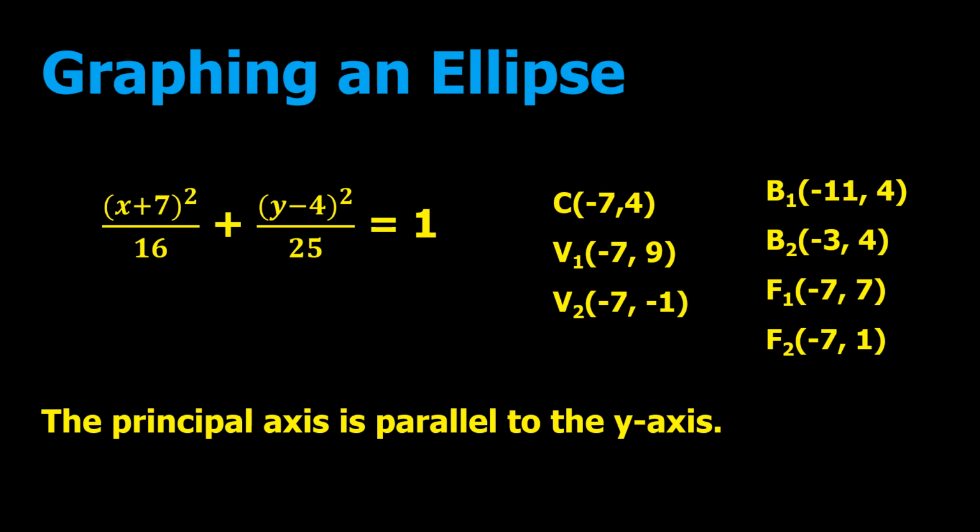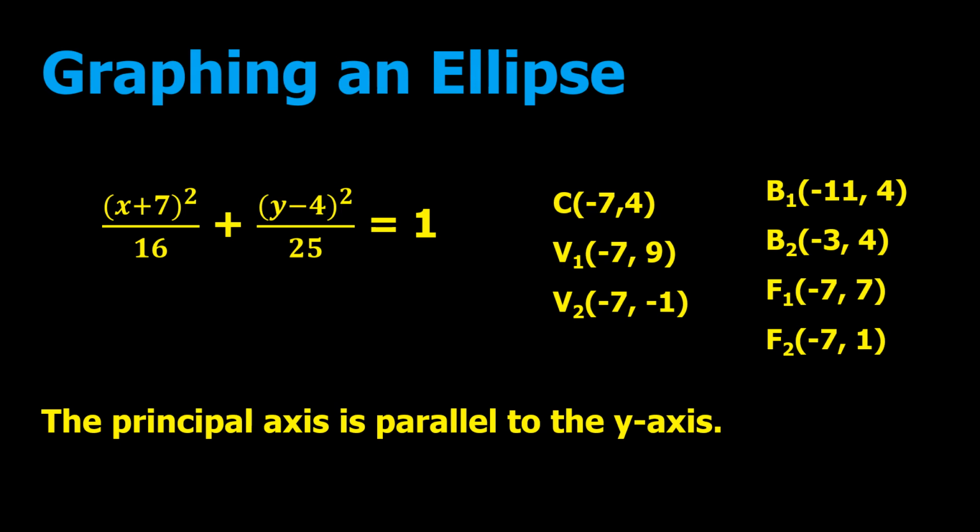So, negative 7 plus 4 is negative 3, and negative 7 minus 4 is negative 11. So, the intercepts are located at negative 11, 4 and negative 3, 4.